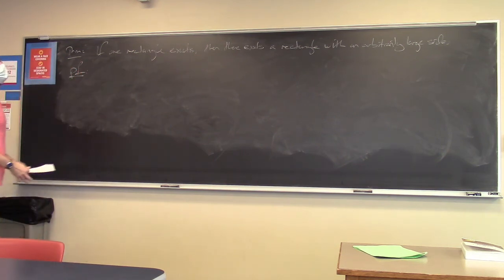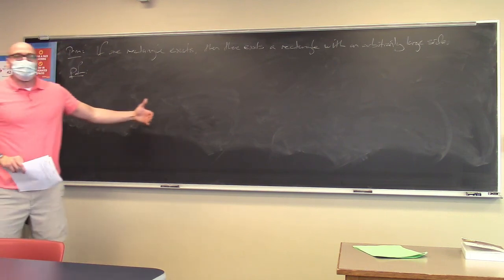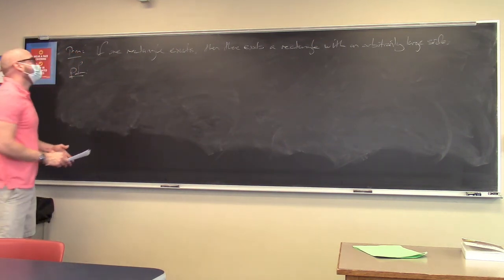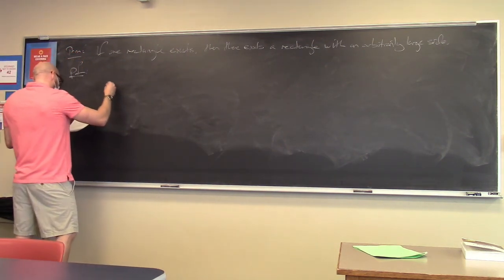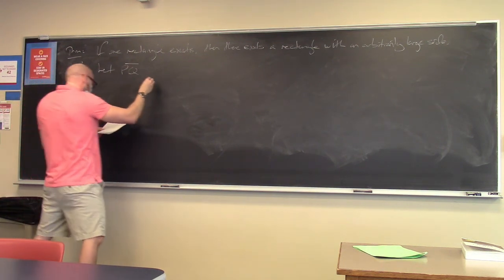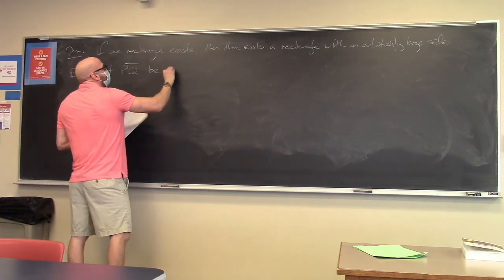So let's proceed. How am I going to make it arbitrarily large? Well, you give me a line segment, and I'm going to construct a rectangle with a side longer than your line segment. And that establishes that we can do this in an arbitrary sense. So let PQ be any line segment.